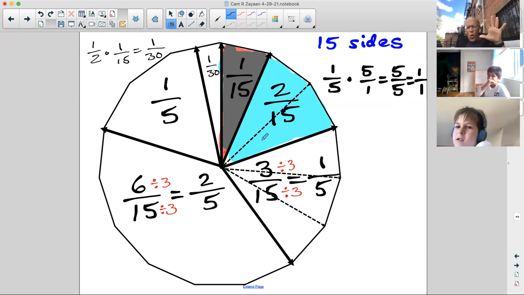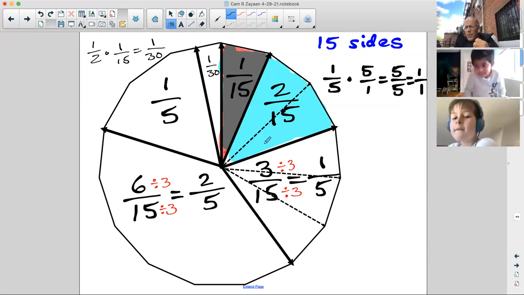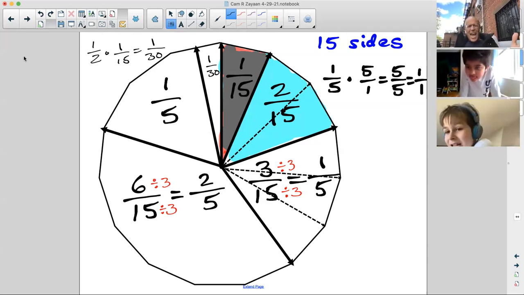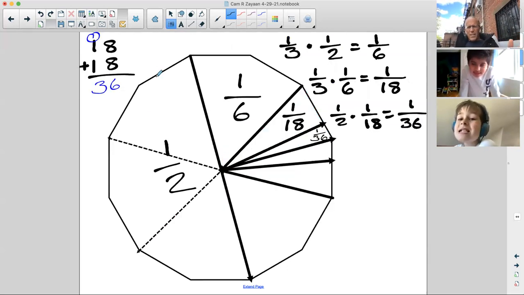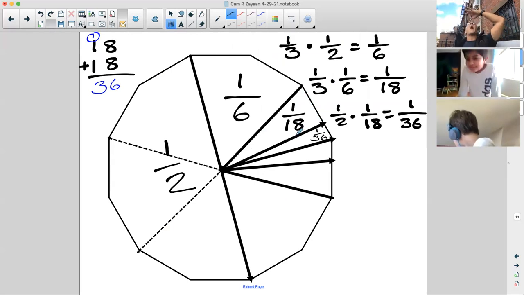Boys, when you're eating food next, I want you to start to cut it up into halves, thirds, fifths, sixths, anything you want. 6th, 18ths, and then you could say, Mr. Kramer, I'm eating an 18th.